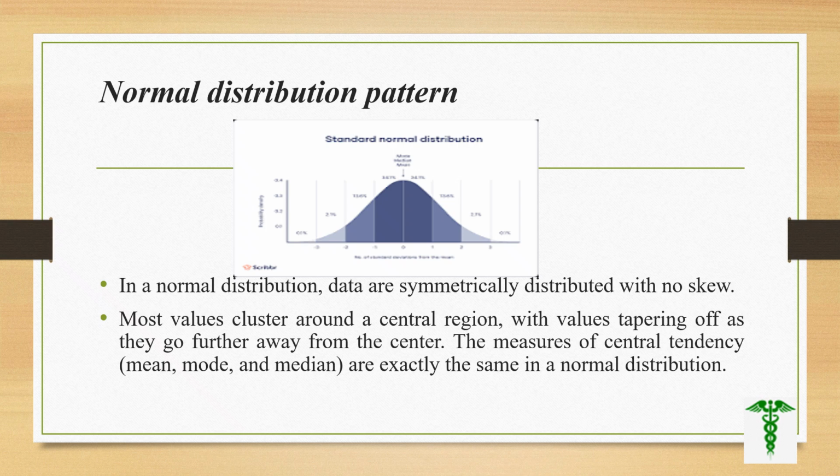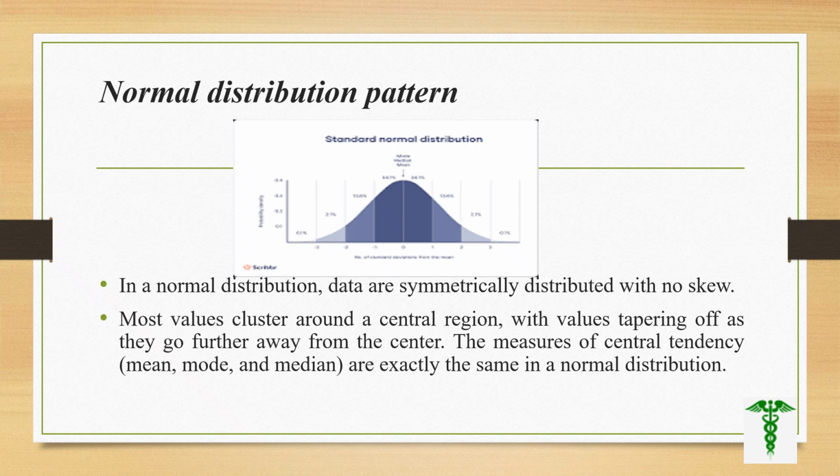This is another term, where we can see different patterns in research methodology. This is the normal distribution pattern. You can see this type of curve is known as the normal distribution curve. Here we can see most values cluster around a central region, with values tapering on both sides.